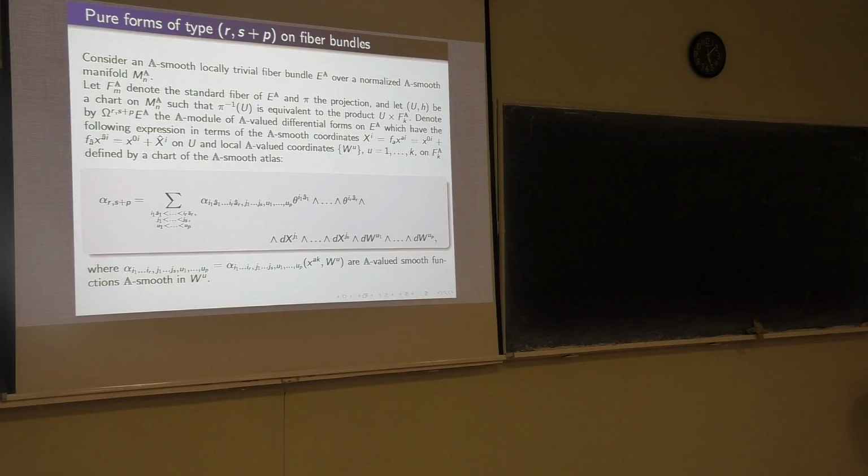So, and now we can extend this notion of d-hat complexes for the case of locally trivial fiber bundles. Here you can see the form of the differential pure bigraded form on the fiber bundle EA.